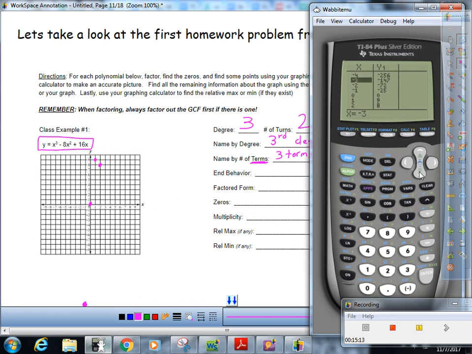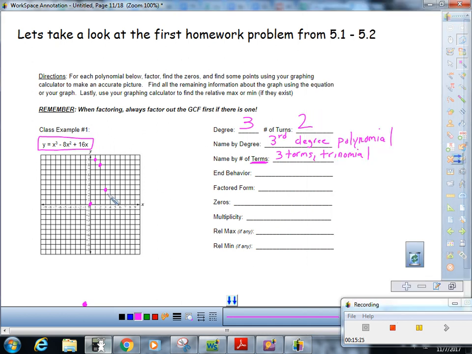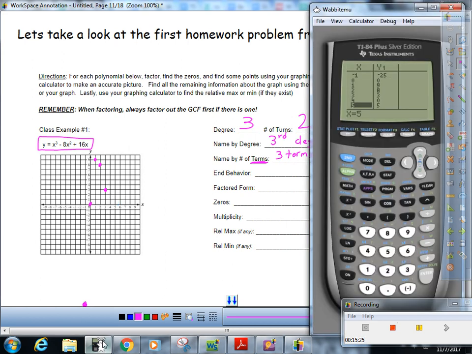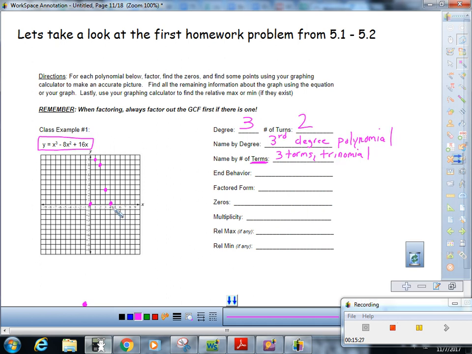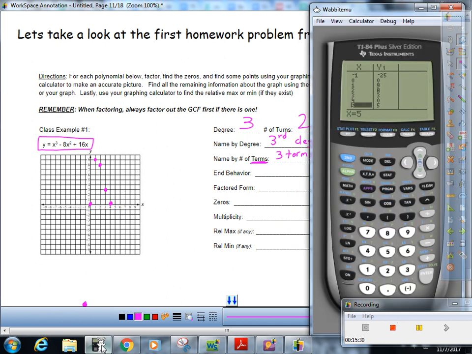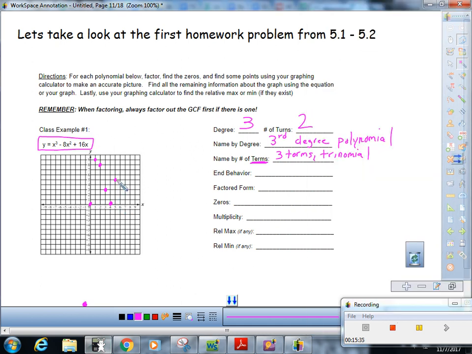Let me just scroll down. We also know that (3, 3) is on there, (4, 0) is on there, and (5, 5), and then it just screams up from there.